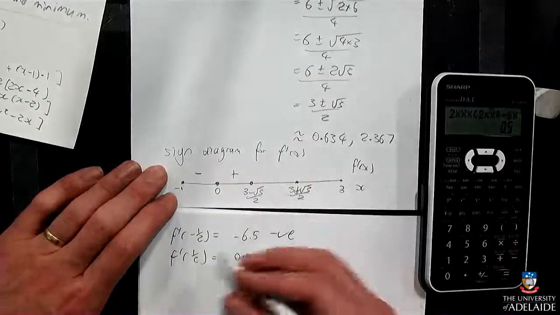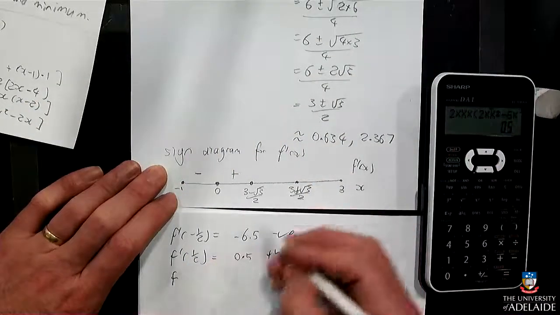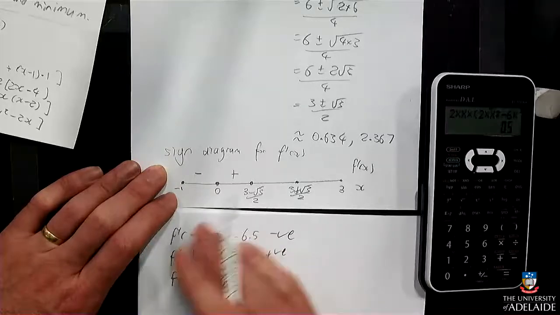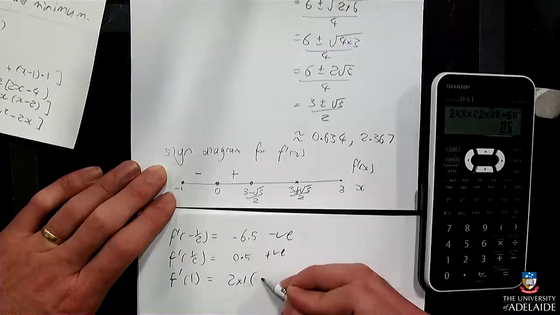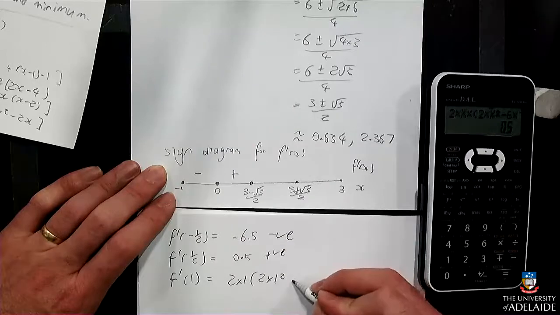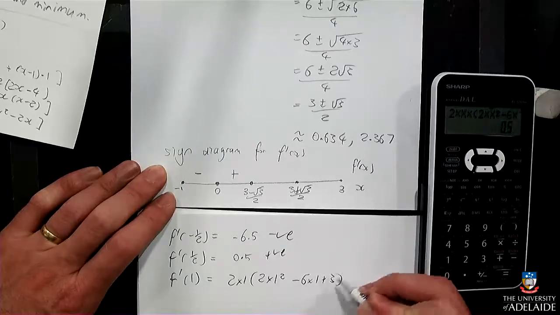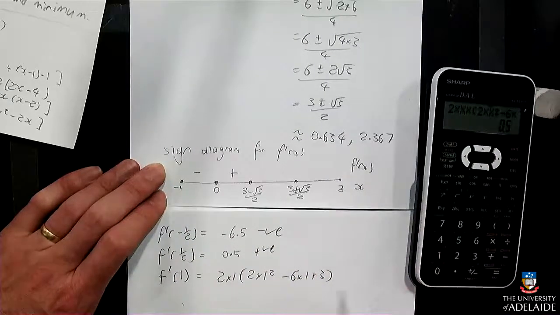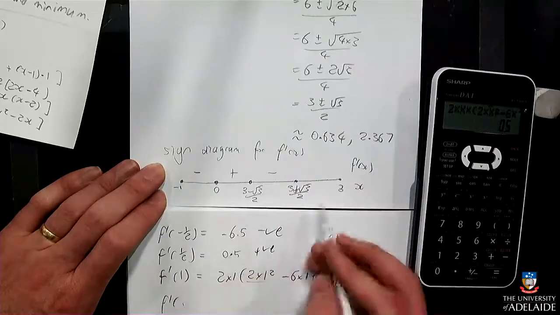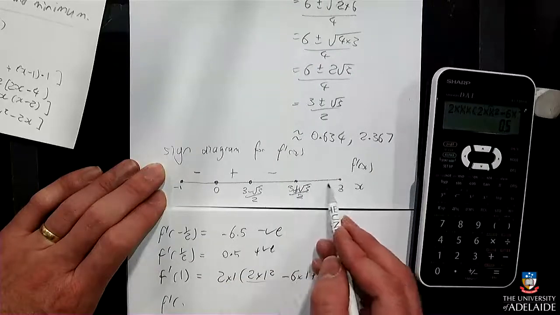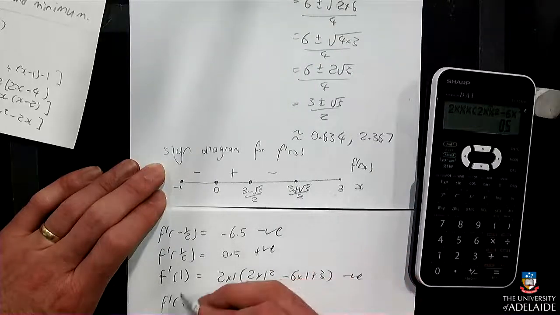Something between these two is 1, I guess. That I can do. 2 times 1, 2 times 1 squared minus 6 times 1 plus 3. And so we have 5 minus 6, that's going to be negative. And then over here, f dashed of something that's between here and 3, we're going to have to use something a bit more. How about 2.5?